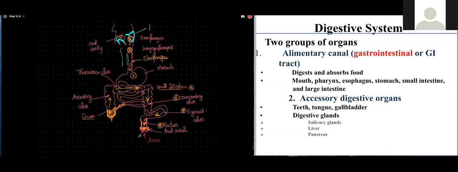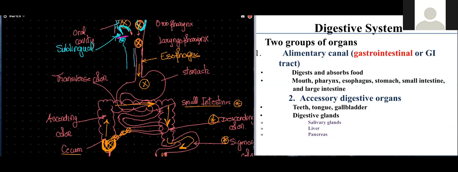Those are the parotid gland, we've got a set of salivary glands located below the tongue. Those are the lingual or sublingual glands. And we've got a cluster of salivary glands located below the floor of the mouth. Those are called the submandibular glands.